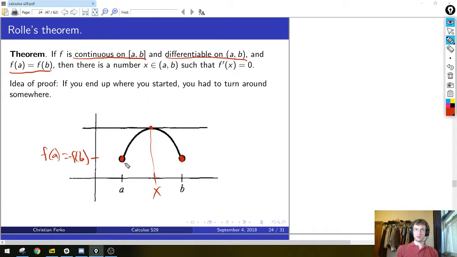Or if you started going down and then eventually had to come back up, you had to turn around somewhere and the derivative is 0 there. Or of course the other option is that you didn't move at all, you just stayed constant on that interval, but if you stayed constant, the derivative is 0 everywhere, so we very easily can find a point where f prime is 0. That's the idea, but I will prove this on the next slide.